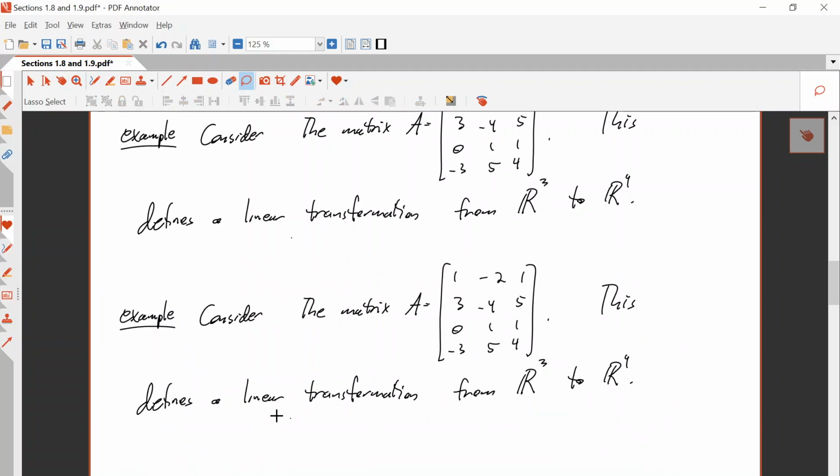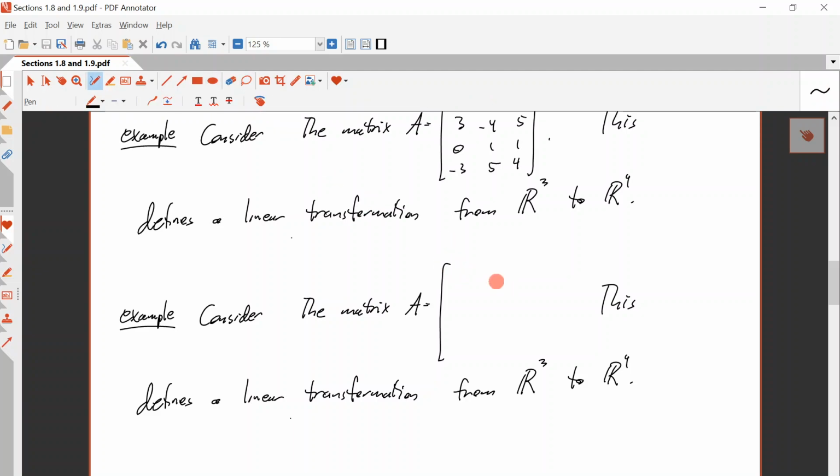If we had this matrix here, let's say 1, 3, 0, and -2, -4, 1, 5, and 1, 5, 1, -4.